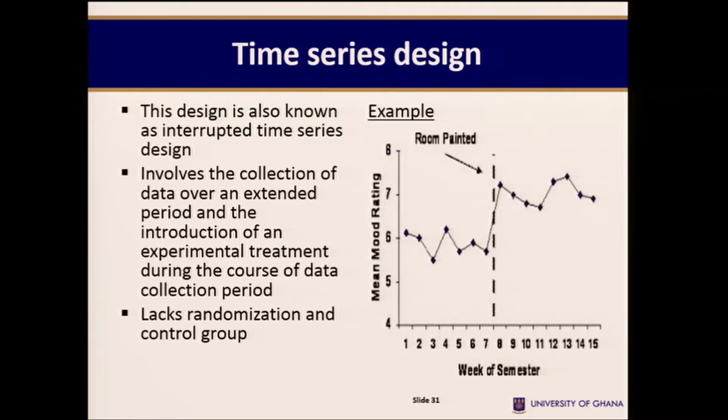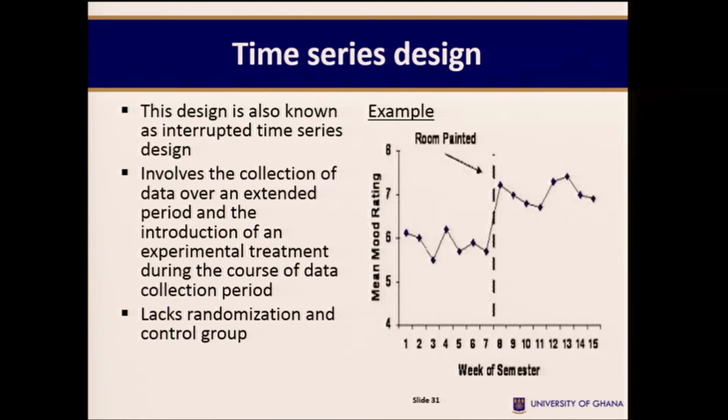If you look at the picture on your screen, there is a room painted in the middle. And there is the beginning of the curved line and then the end, and there is a dotted line in the middle.